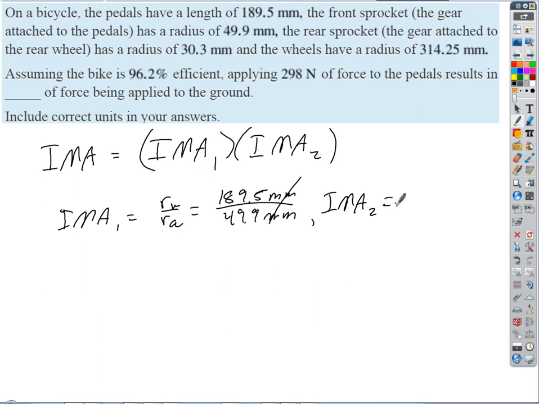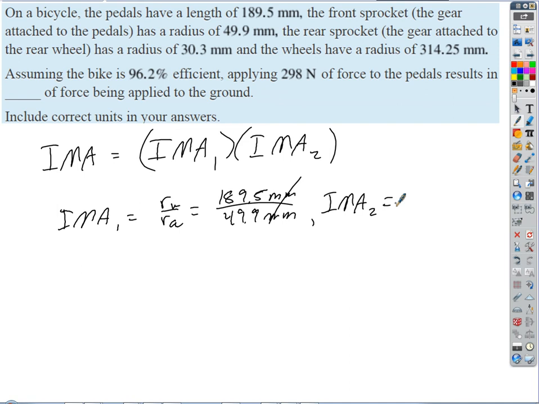IMA 2. For part 2, think what's going on there. The chain is what's being driven by machine number 1, right? So that's the input force. So the radius of the sprocket, or the gear, is going to be the wheel radius. The axle radius is actually the wheel itself, right? Because you're applying force to turn the gear, and then the wheel is what's pushing on the ground, right?